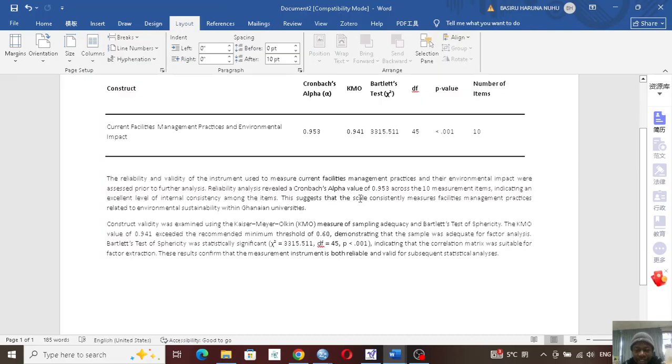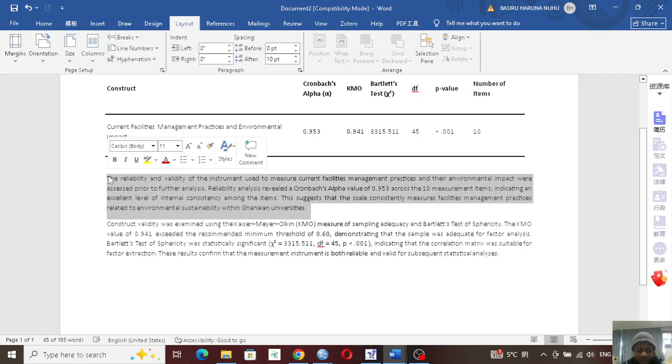This suggests that the scale consistently measures facility management practices related to environmental sustainability within the Ghanaian universities. Now, that is the report for the reliability here. We move to the validity.